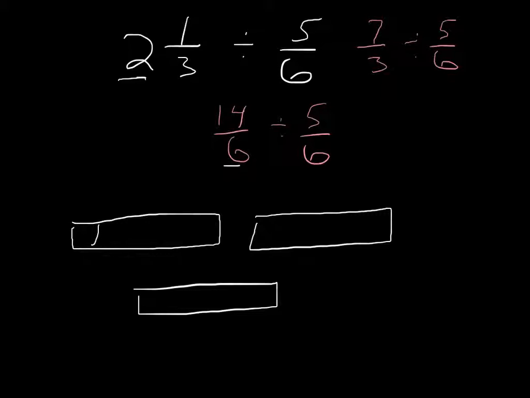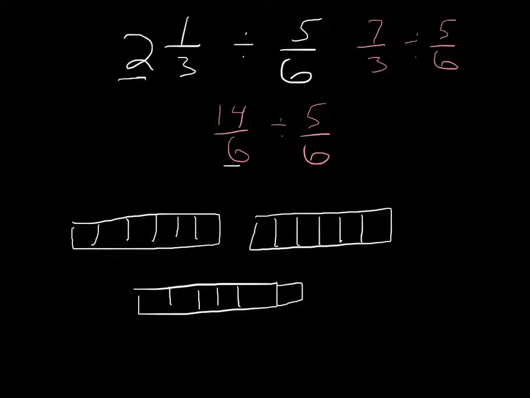So 1, 2, 3, 4, 5. 1, 2, 3, 4, 5. 1, 2, 3, 4, 5. So I'm going to count 14 sixths.